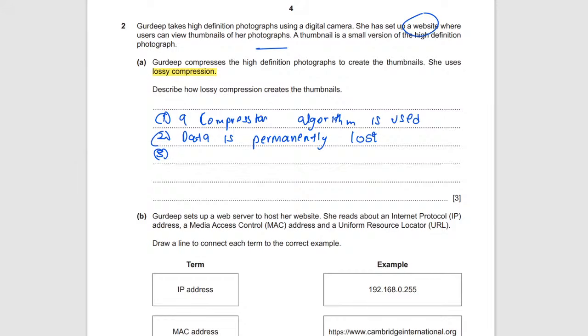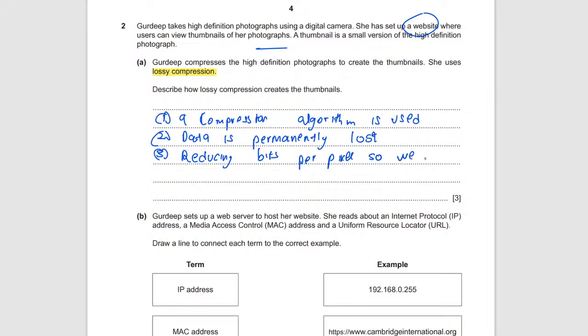you can also say how the compression works, because of course, how is the data compressed? If data is permanently lost, that means that something has been compressed. So how does it work? It basically works by reducing the pixels, let's say reducing bits per pixel.